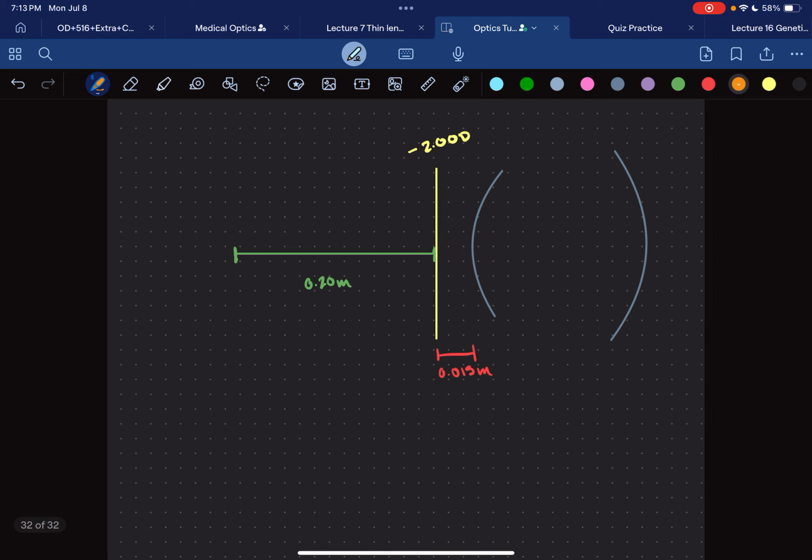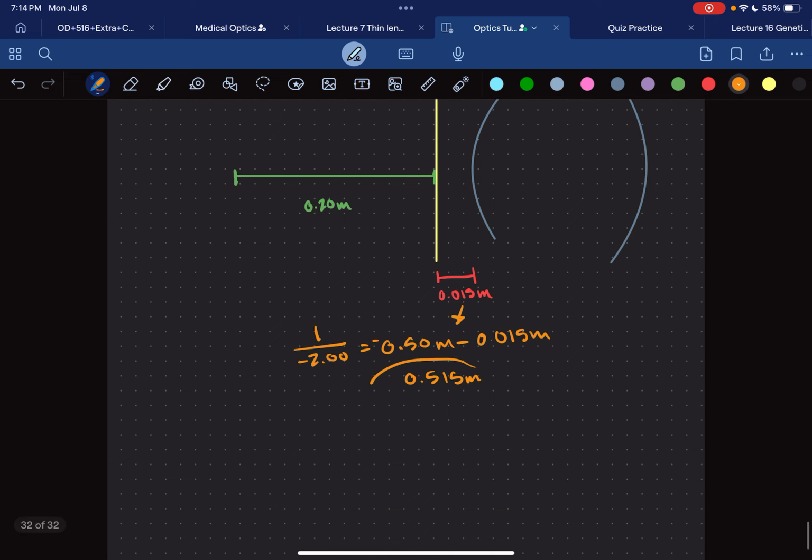We have a -2, so we're going to do 1 divided by -2.00 to find the far point, which is going to equal -50 centimeters. Then I'm going to take this and subtract that from the 15 millimeters, and that will give us the total distance to the cornea, which is 0.515 meters.